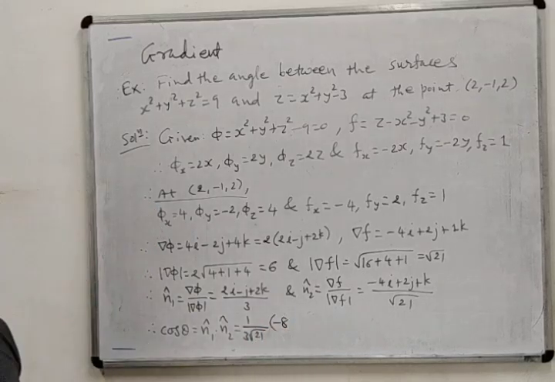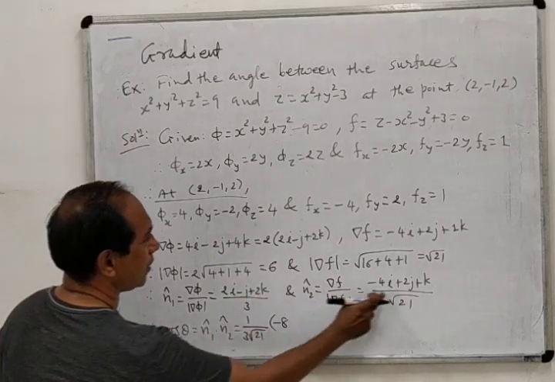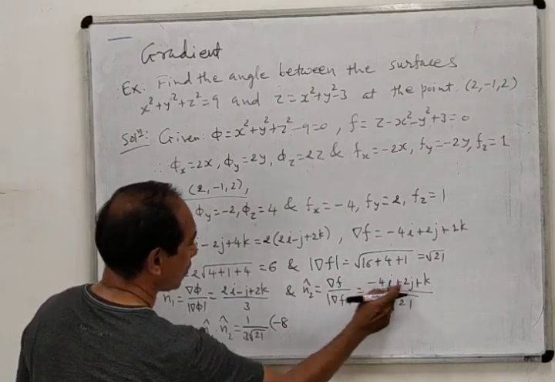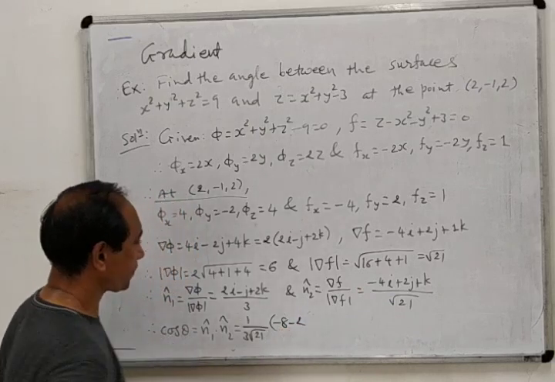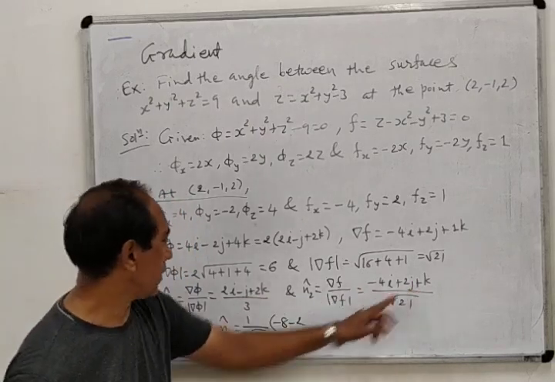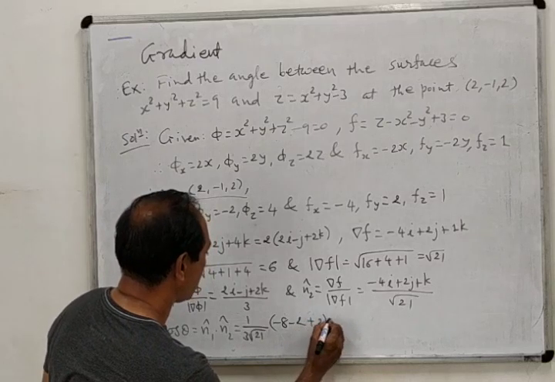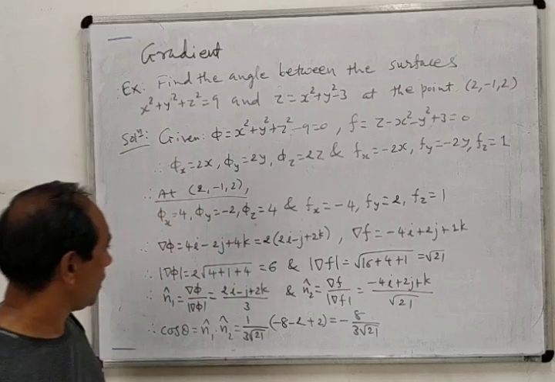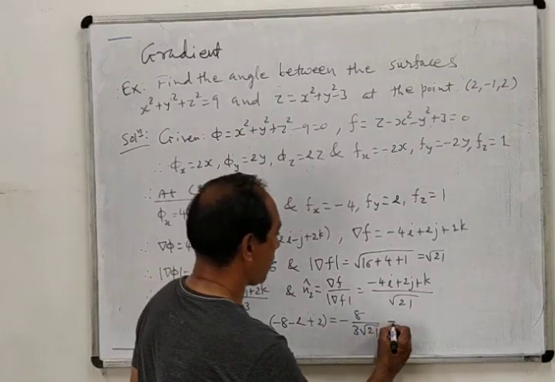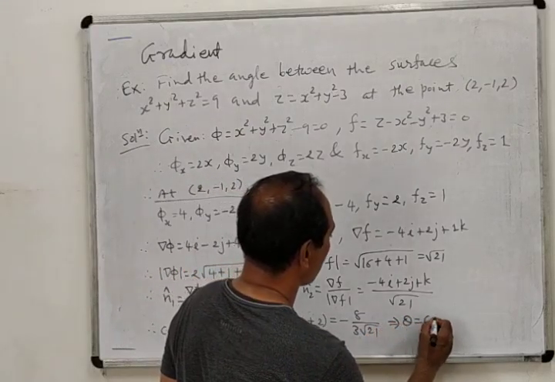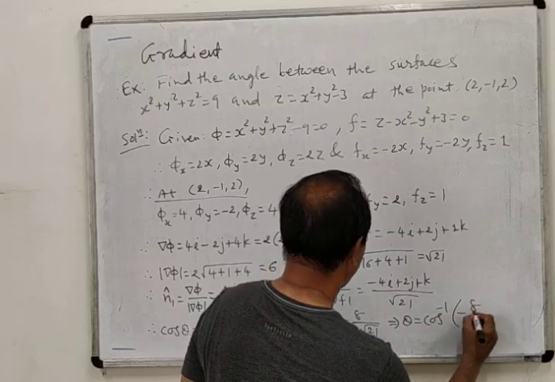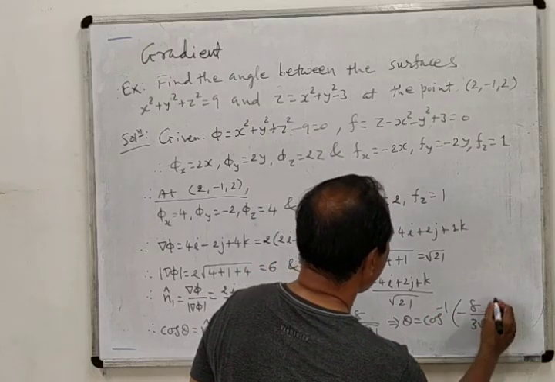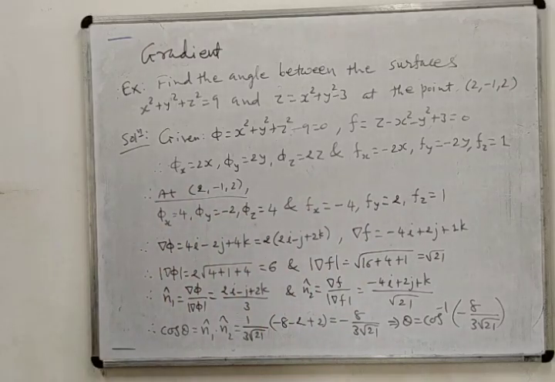Because dot product is a scalar value, i, j, k will not combine with each other. j into j, that means minus 1 into 2, so minus 2. 2k into k, that means plus 2. So this is what? Minus 8 upon 3 root 21. Okay? So this is cos theta. And we want to find out the angle. So theta is equal to cos inverse of minus 8 upon 3 root 21. So you keep it as it is. This is the final answer. Okay? So you note down this one.